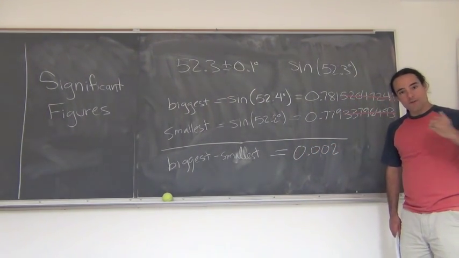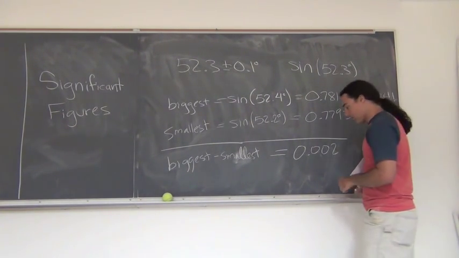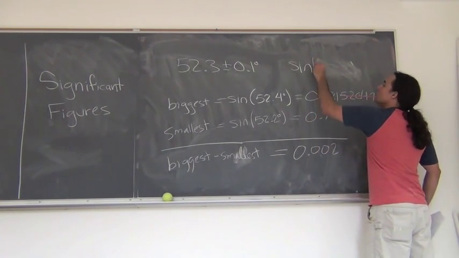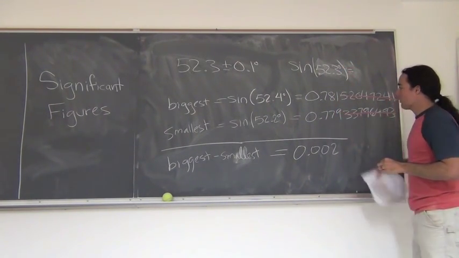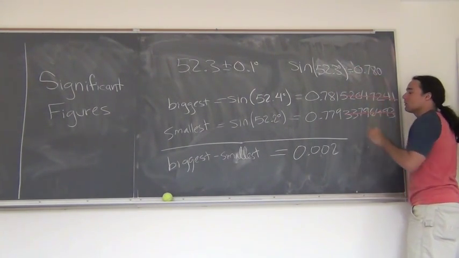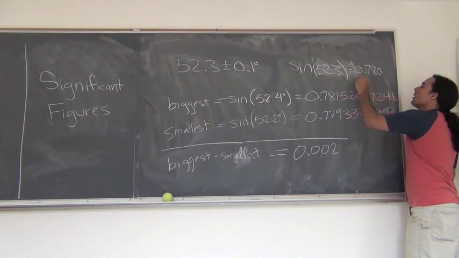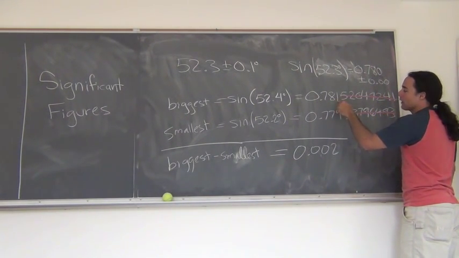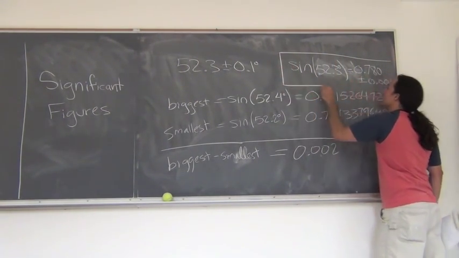So if I want to cover the full range of values, what I can say is that my sine of 52.3 degrees, I'll give myself a little bit more room there, equals, I'm going to take the middle number, 0.780. Highest it can be is this, smallest it can be is that, can cover our range, plus or minus 0.001.